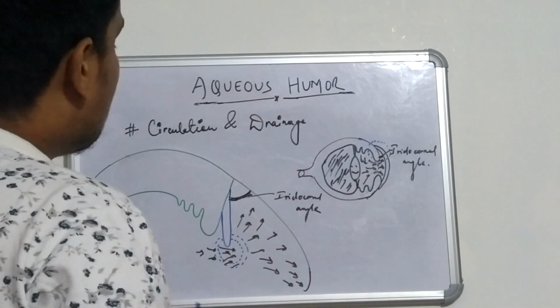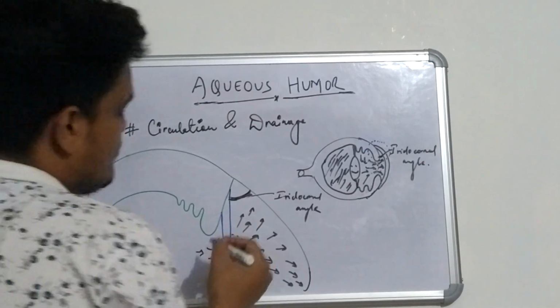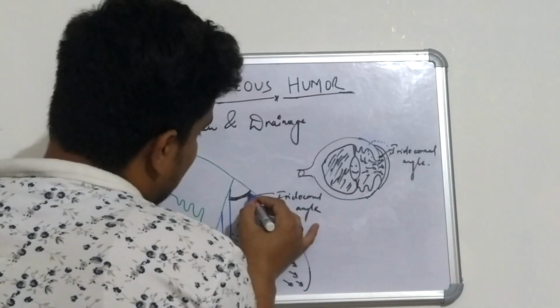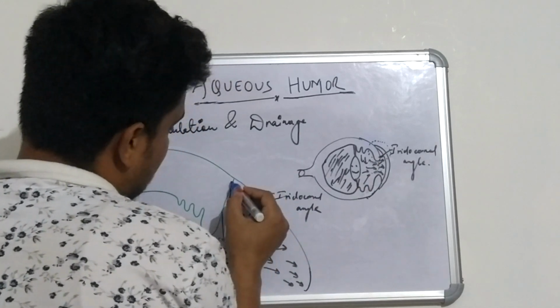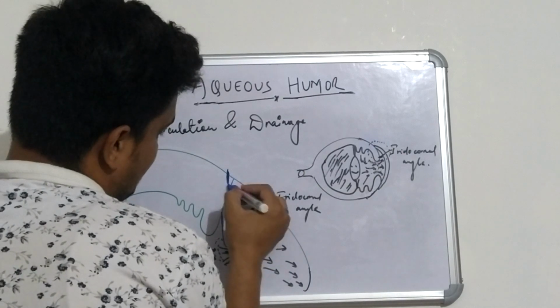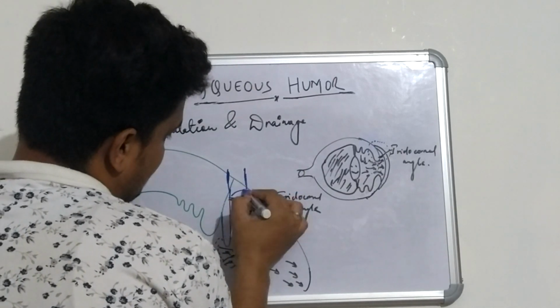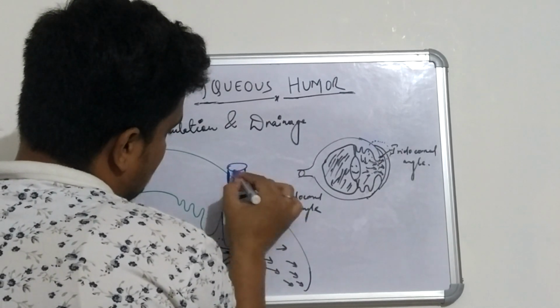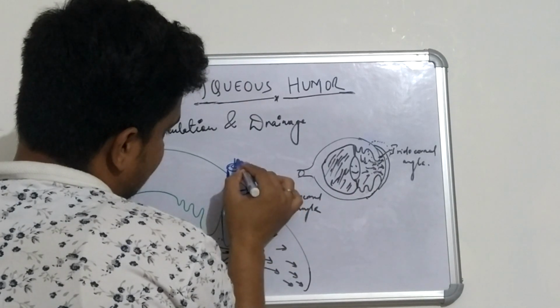In this iridocorneal angle we have a very important structure, which is called the trabecular meshwork.